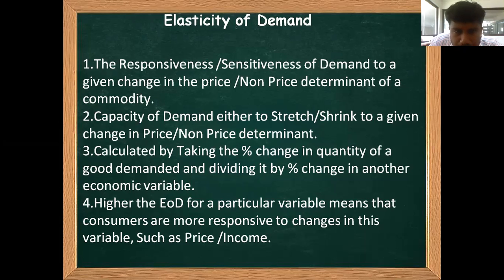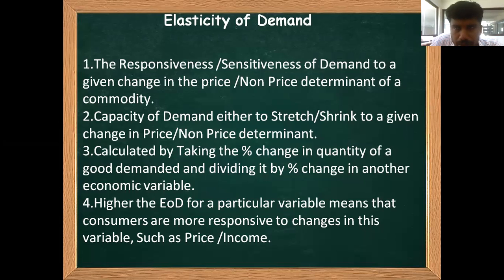It will be calculated by taking the percentage change in the quantity of goods demanded, the quantity purchased before and now. The difference will be taken and divided by the initial quantity demanded, and then dividing by the percentage change in the other economic variable.